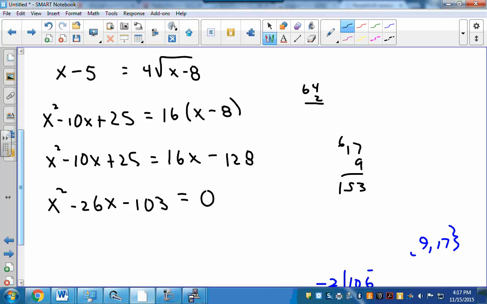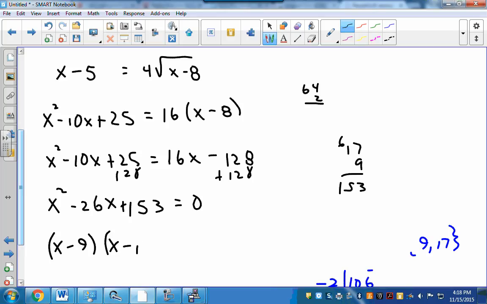And that should be positive, because I'm adding. I'll just carry the same mistake over. Let's just add 128 to both sides. So sure enough, that's 153. So that factors as x minus 9, x minus 17 is 0. X is 9 and 17.